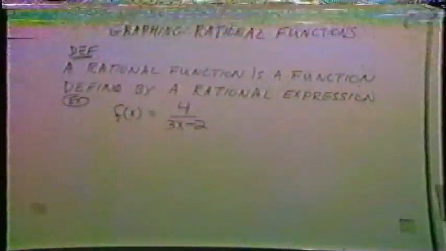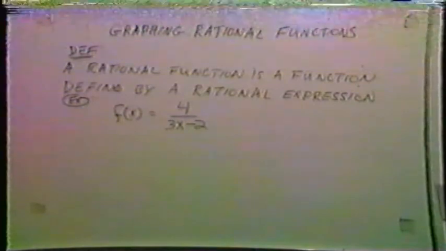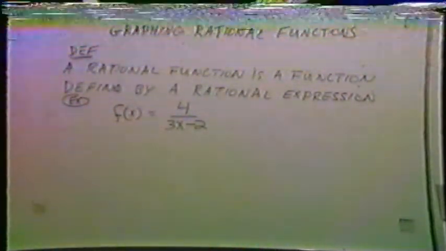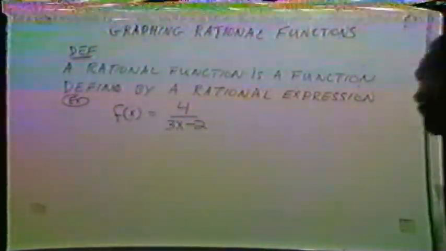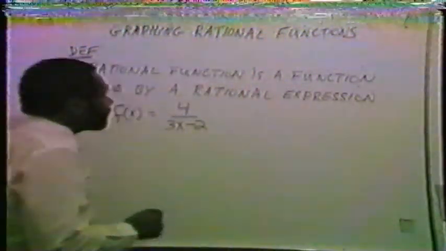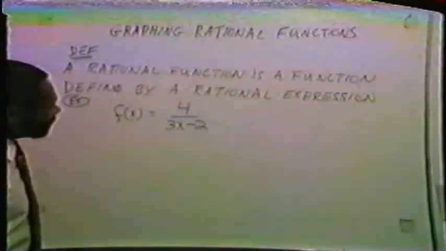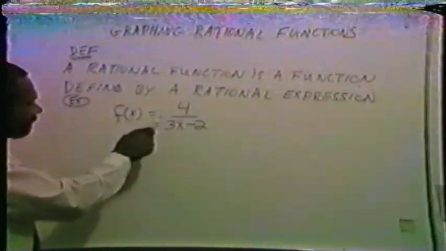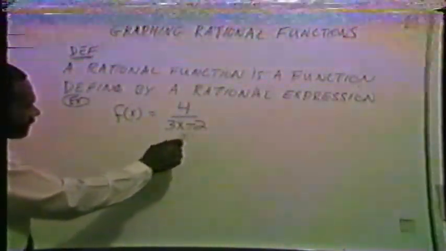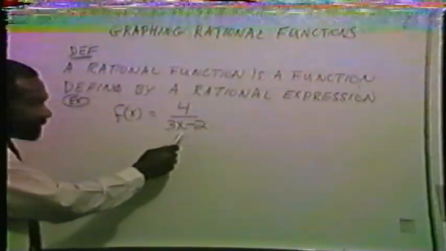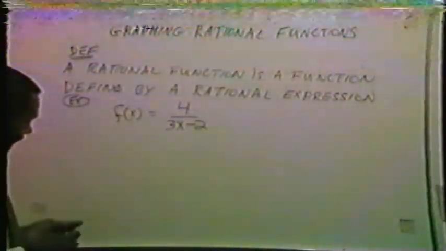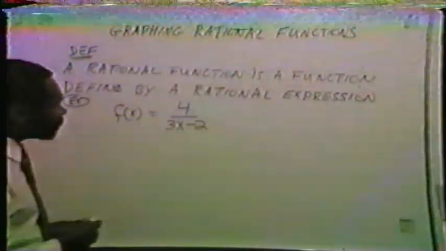Now, as indicated, a rational function is a function defined by a rational expression. An example, f of x equals 4 over 3x minus 2. You have x in your denominator, so that makes this a rational function.